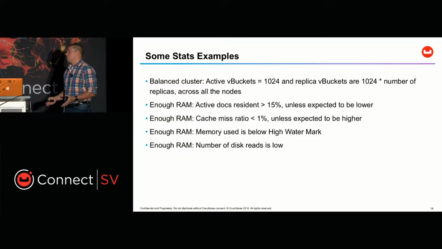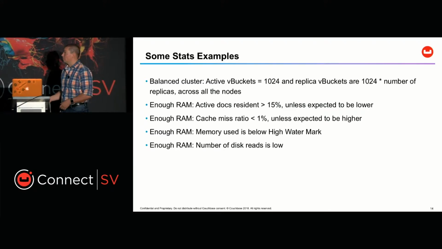Some amount of cache miss ratio can be okay, right? Especially if you have lower than 100% residence ratio. But if your cache miss ratio exceeds 1%, so basically out of 1 million requests, 1% of them have to go to the disk to retrieve the documents. Again, this is a good indication that you may not have enough RAM.